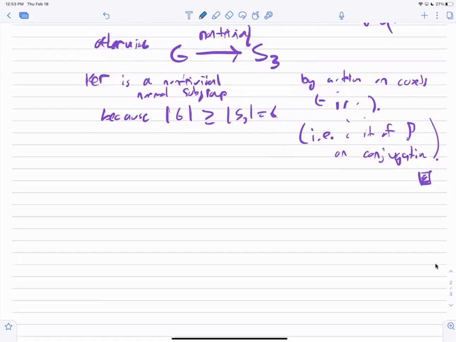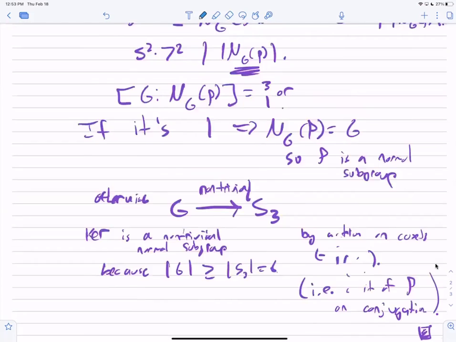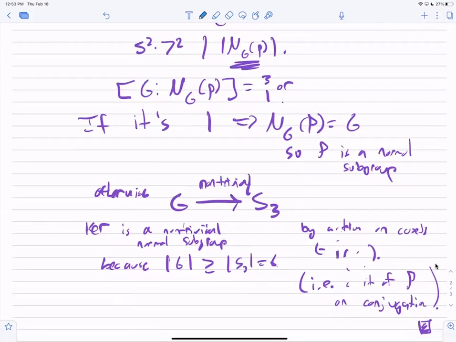So are there any questions about that example? The normalizer, if it's index 3, yes, that's a great point.